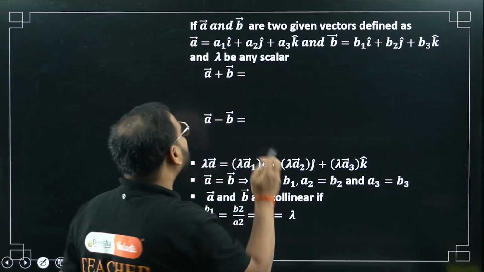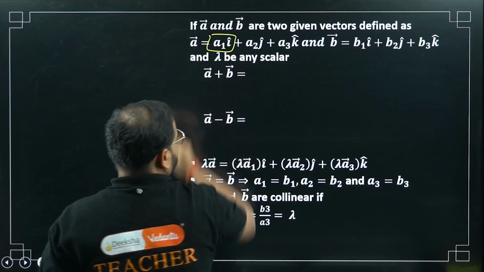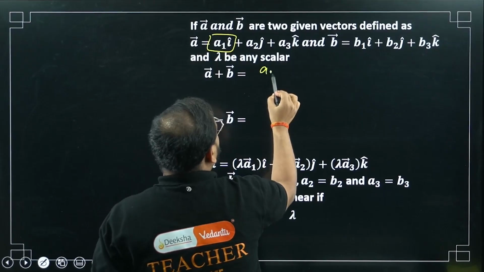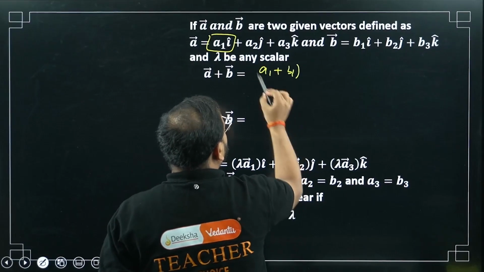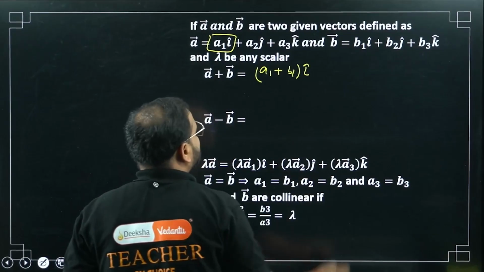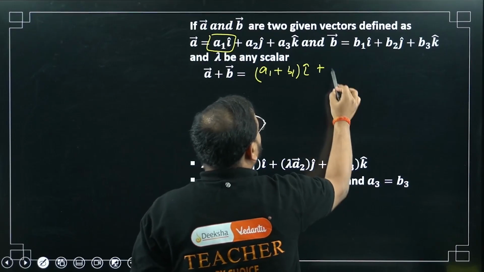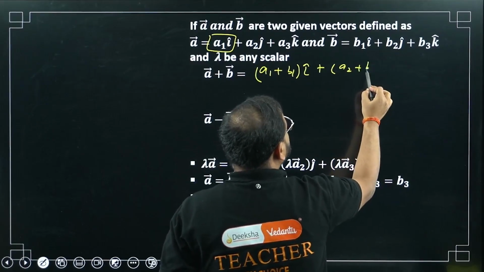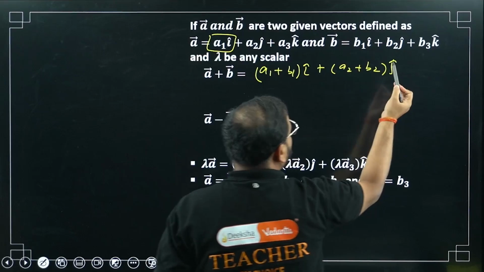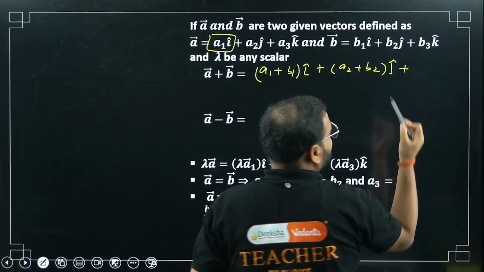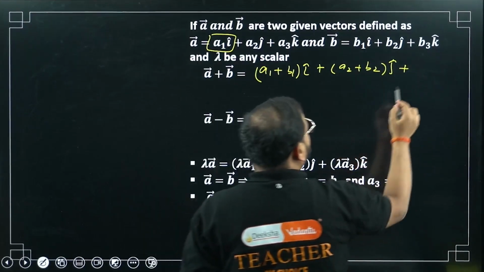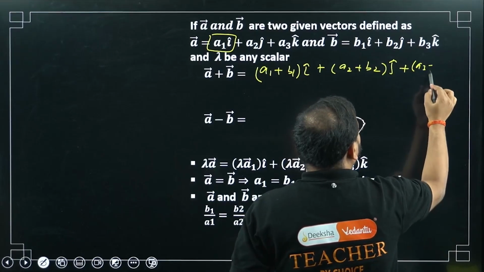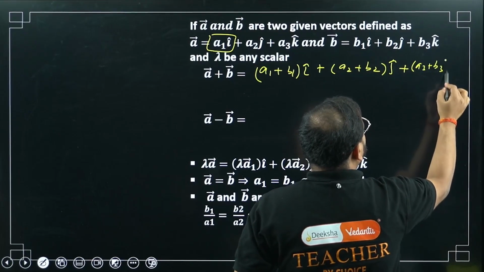We know what the x component is, this part. So we'll write like this: A1 plus B1 i cap. Same thing I can do for the j cap also: A2 plus B2 j cap, and same I'm going to do for the third component, which is the z component. What is it? A3 plus B3 k cap.